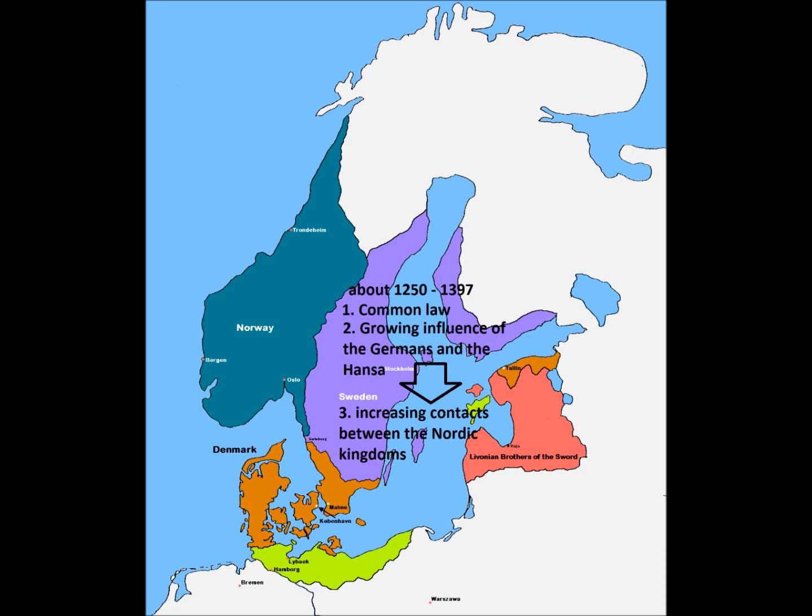But at the same time, the Germans were starting to really make an impact in Sweden around the late Middle Ages, and to counter that, the Swedish kingdom even promoted German immigration to the Swedish towns as a way to build up the Swedish economy to be able to compete with the southern German cities.